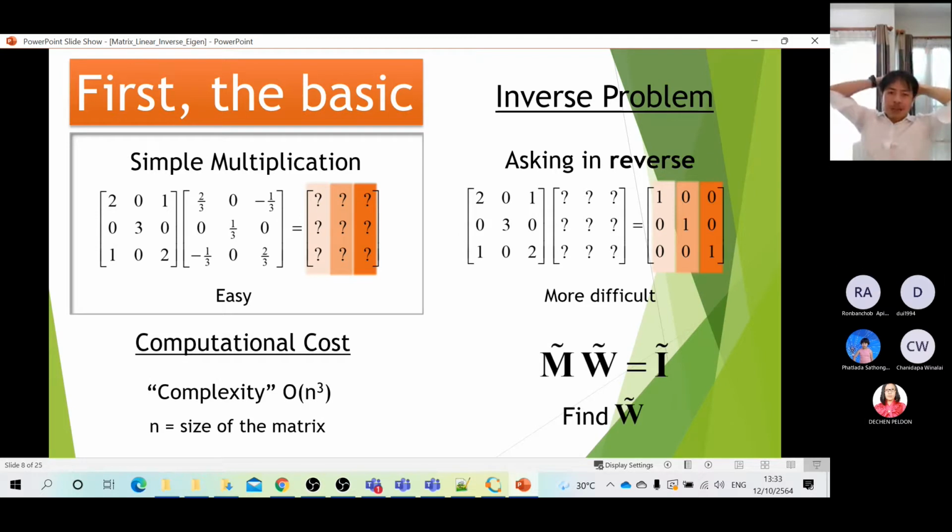Now, before we go on to the next example of this linear and inverse problem, we have this one thing called the complexity of an operation, and for this problem of inverse or linear, it is usually n to the 3rd power, where n is the size of the matrix. What does that mean? It means you cannot just keep adding more to the size of the matrix.